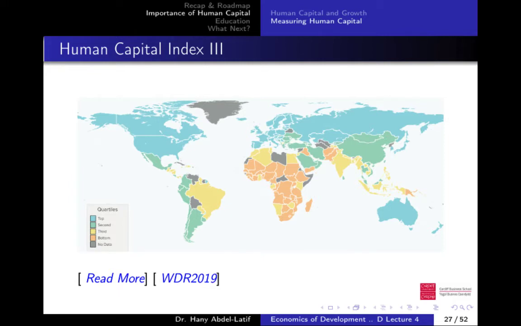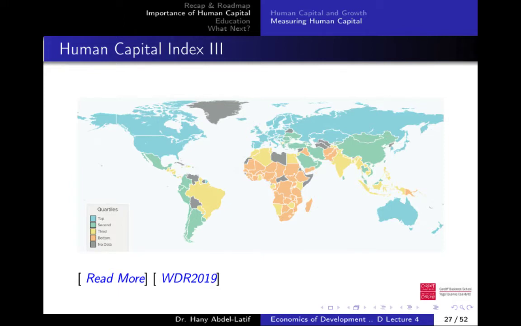It should be clear. If you look at the bottom quartile, this is the bottom of the index. Most countries lie in Africa, mostly poor countries. The third quartile, looking at Latin America and some Asian countries. And the top quartile, you look at mainly European countries and North American countries. So it's not very surprising.